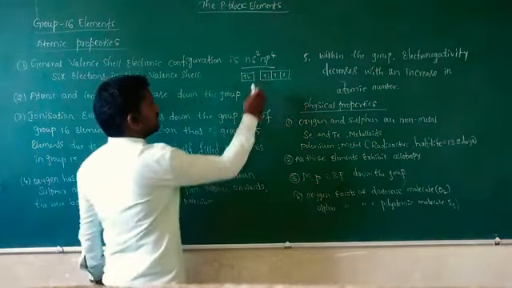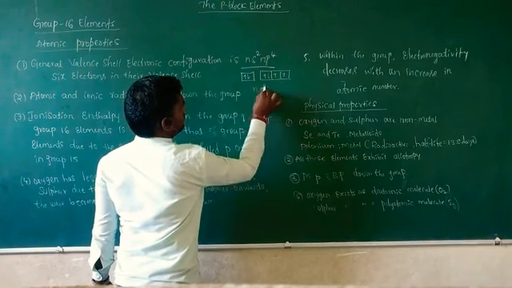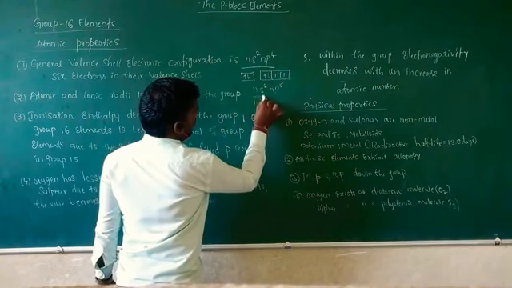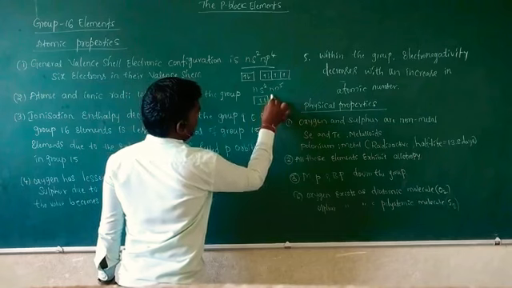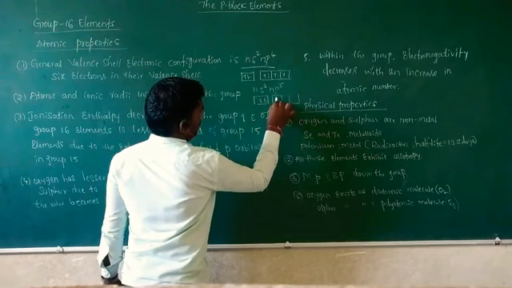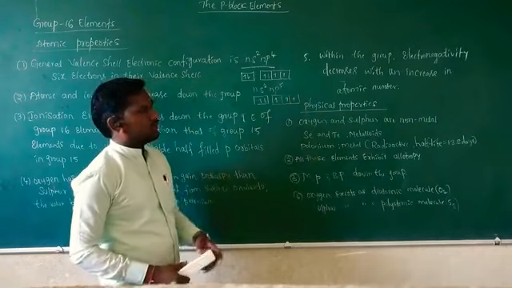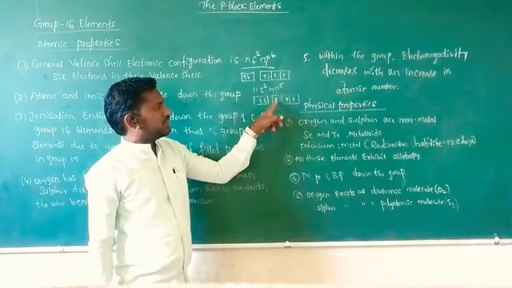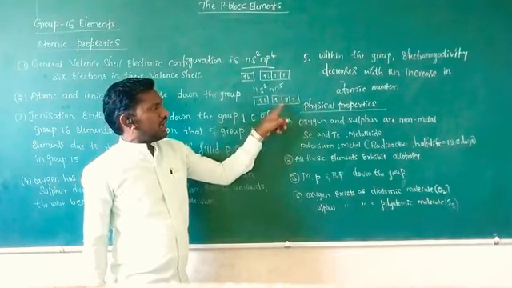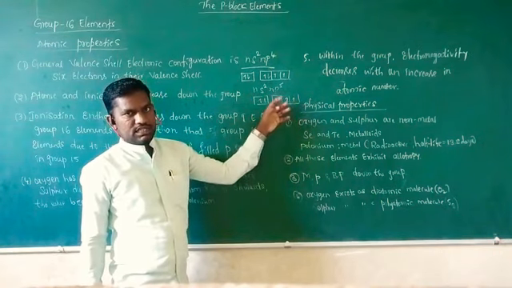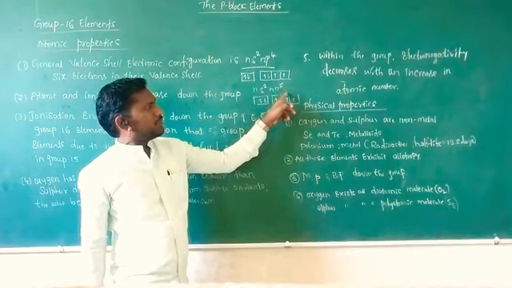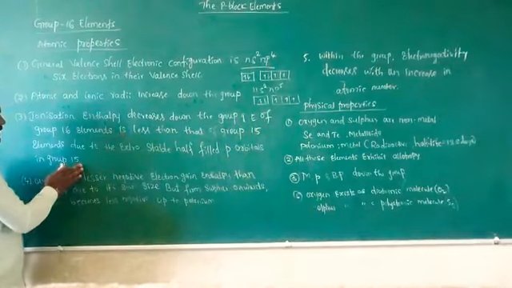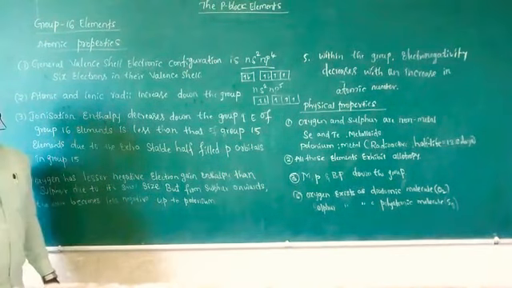Group 15 is ns2 np3, with 3 singly occupied p electrons, whereas in group 16 one electron is loosely bound. Group 15 has completely half-filled p orbitals, hence extra stability, so its ionization enthalpy is greater than that of group 16.